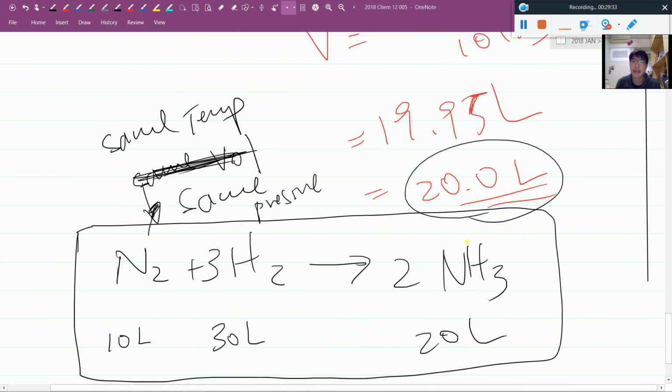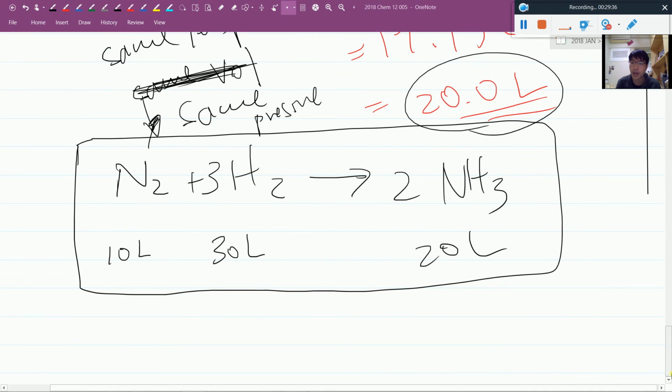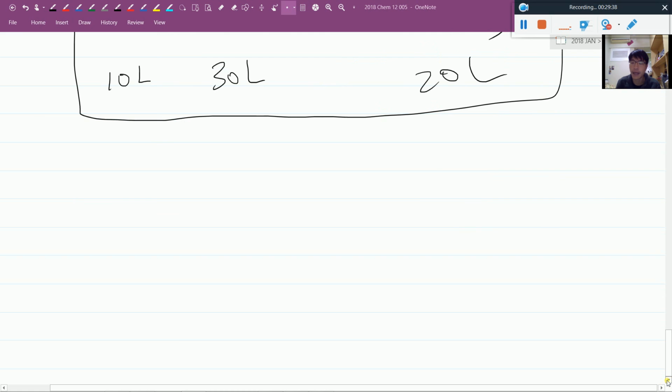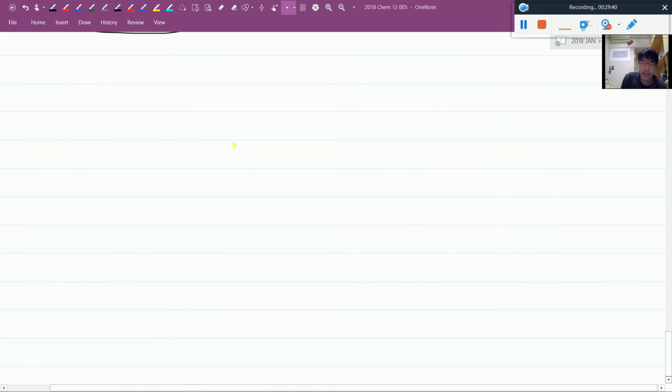The other thing we have to focus on in this particular way is the conditions. In the previous syllabus, there are two conditions we need to discuss. One is called standard temperature and pressure, the other is called standard lab conditions, STP and SLC.